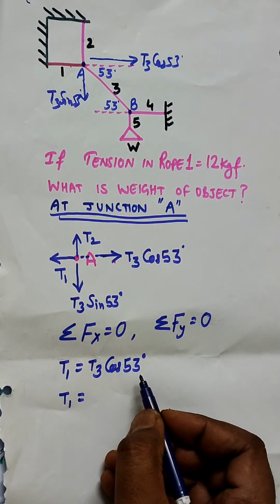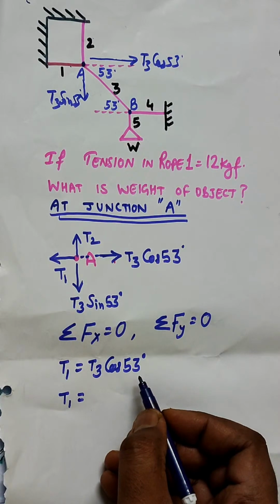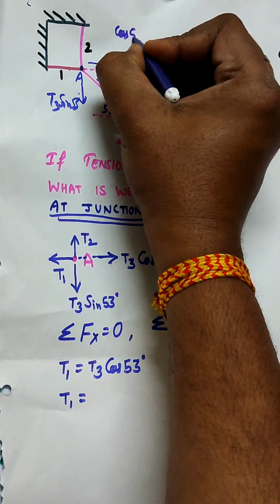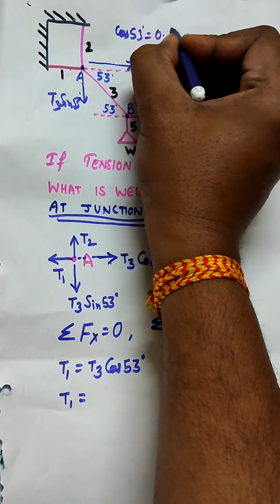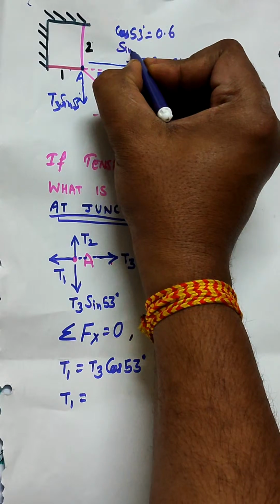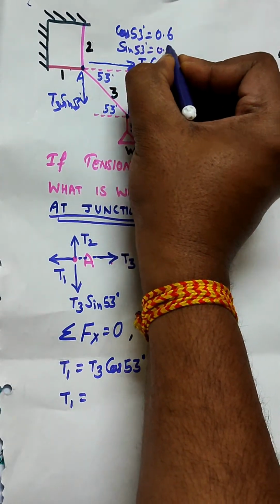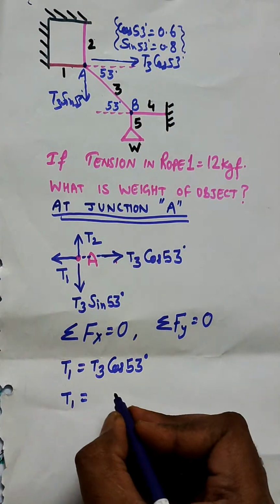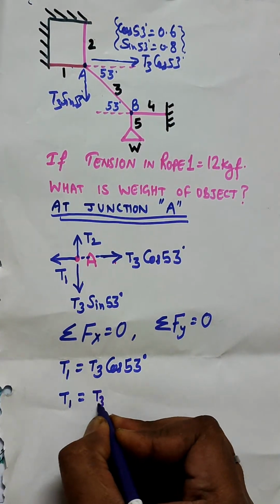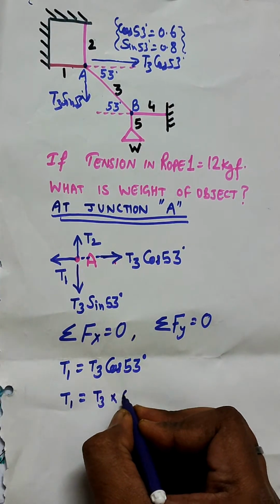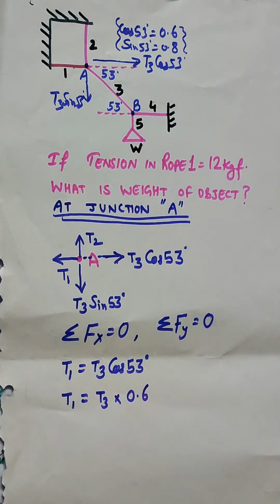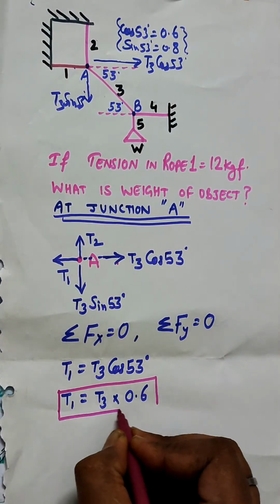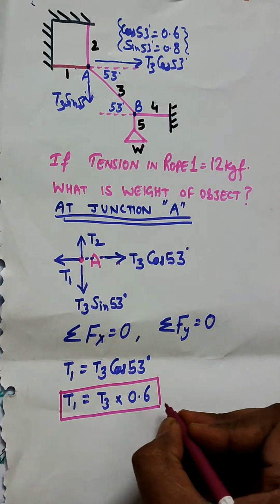So we can put the value of cos 53 as 0.6 and sin 53 as 0.8. Just use these values. So T1 is equal to T3 into 0.6. This is one of the equations which is available with you now.